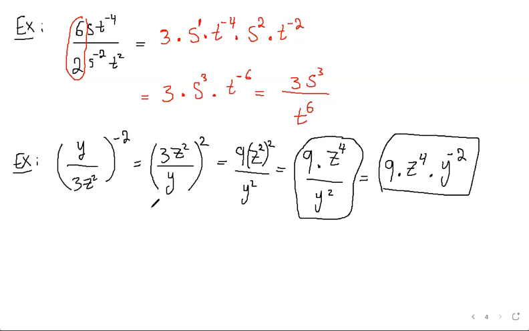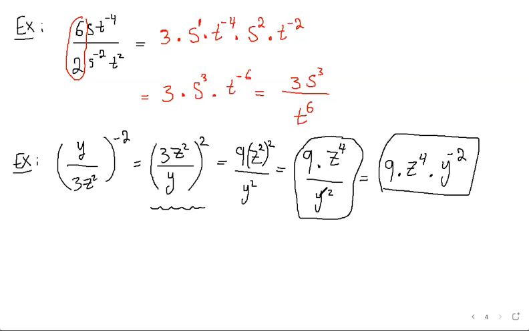This is the first thing. Now we distribute the power 2. So 3 raised to the power 2 gives me 9. z squared raised to the power 2 gives me z to the 4th. y raised to the power 2 gives me y squared. So this gives me 9 times z to the 4th over y squared.